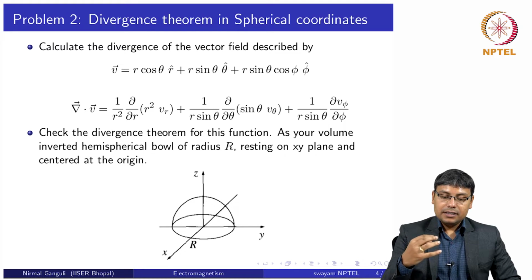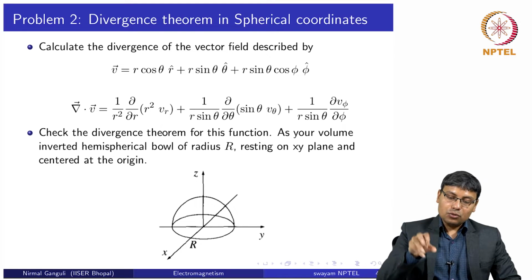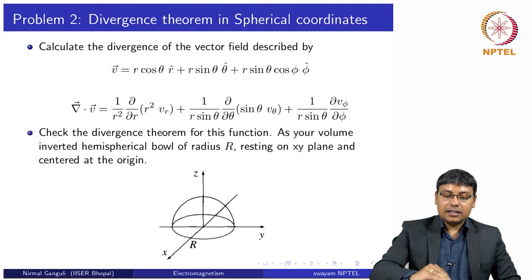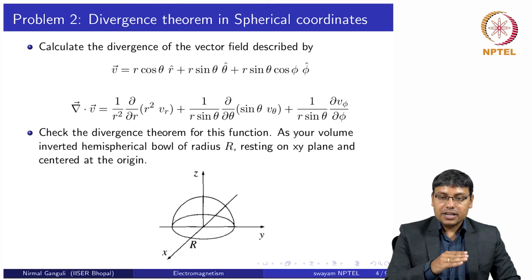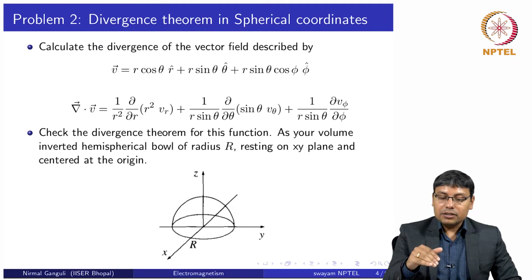So, you can consider it as a northern hemisphere, only that thing we have. So, the surface here is a curved surface and a flat surface for the surface integral part of the divergence theorem, and the volume is that of a hemisphere, only the northern hemisphere in this case.